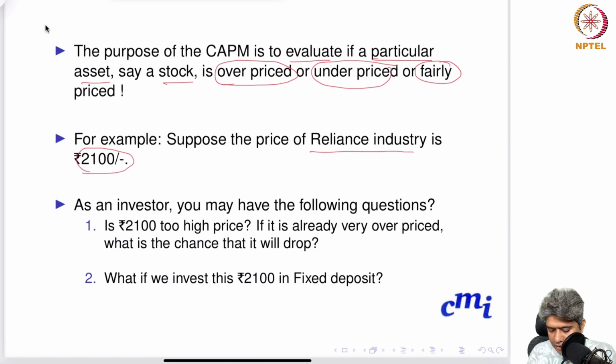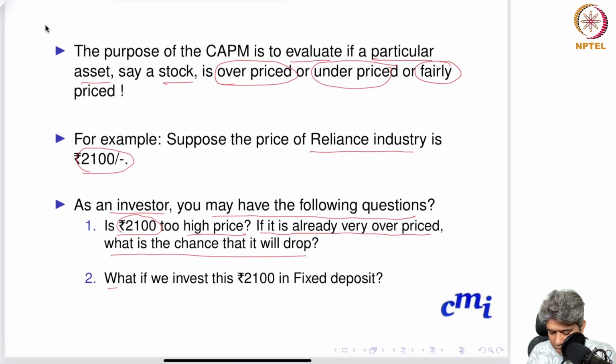As an investor, you may have the following questions. Number 1, is rupees 2100 too high a price? If it is already very overpriced, what is the chance that it will drop?